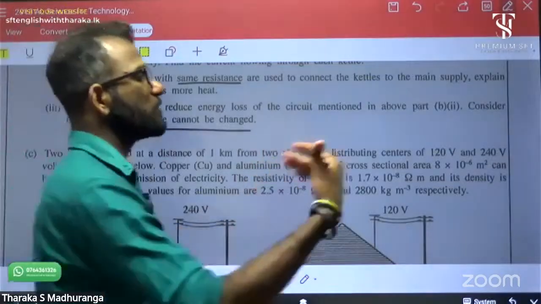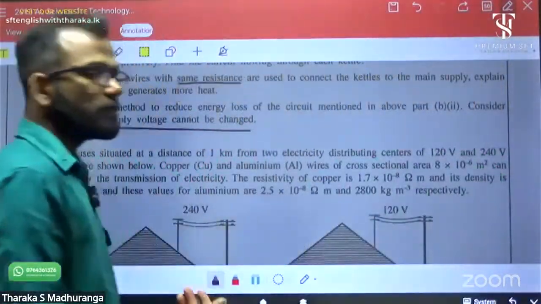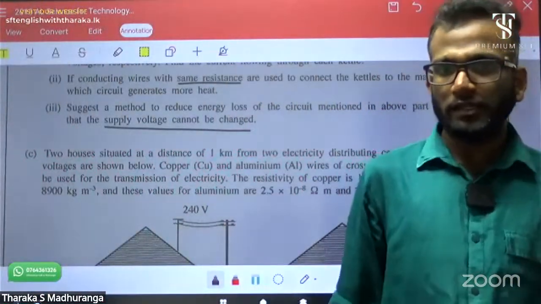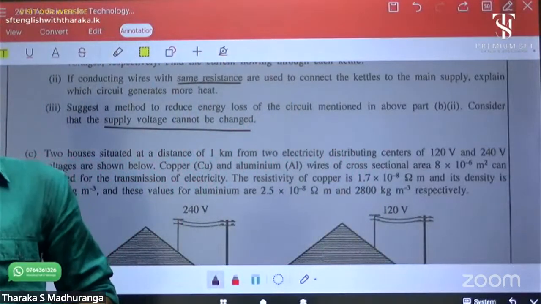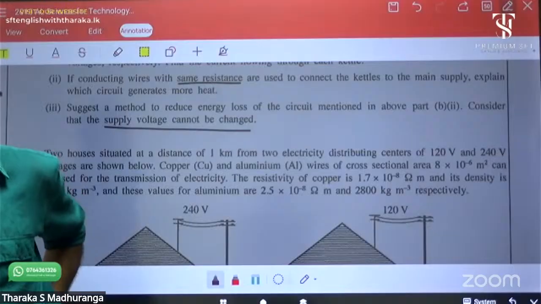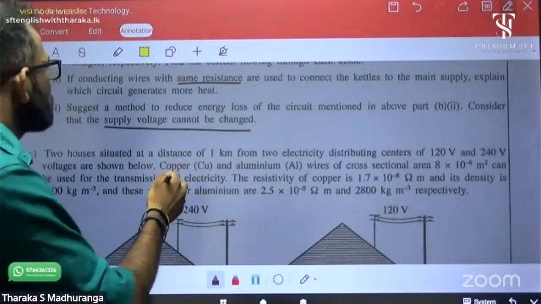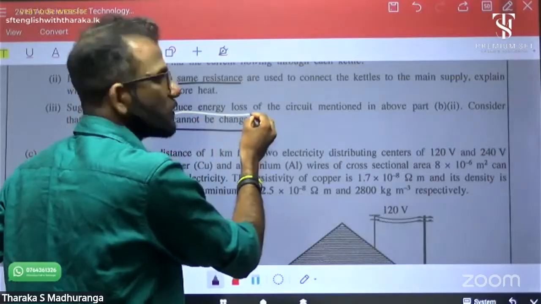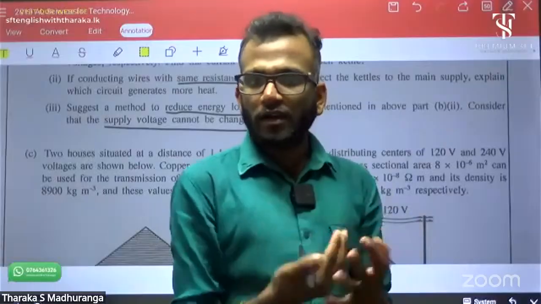Okay, what are the methods? What are your suggestions? Any idea? Okay, what is the requirement to reduce the heat loss? To reduce the heat loss means to reduce the resistance, no?